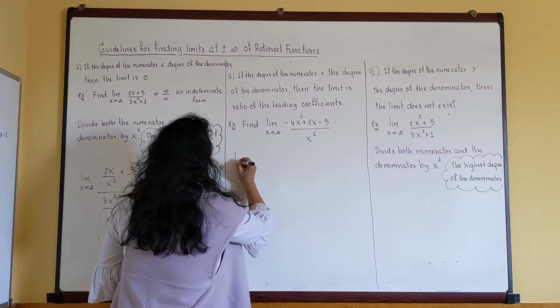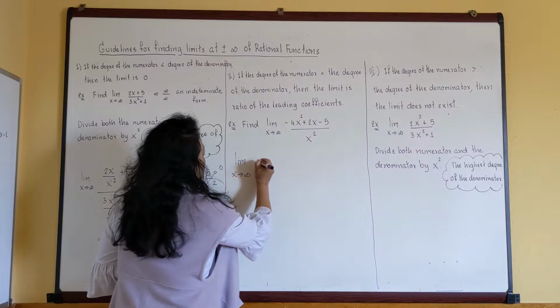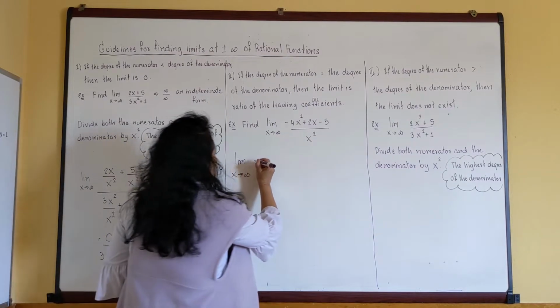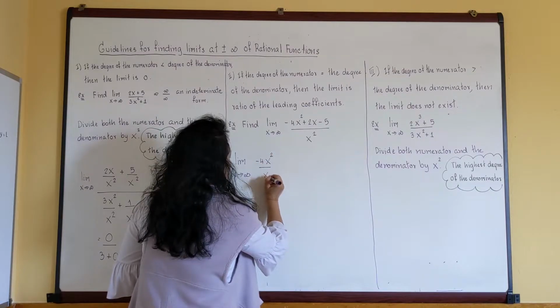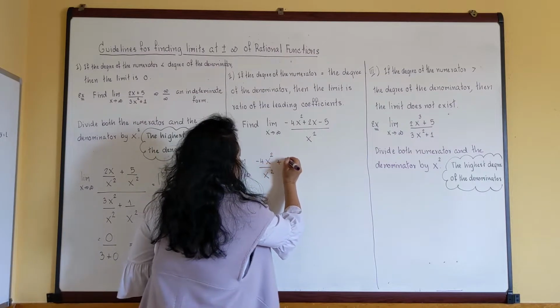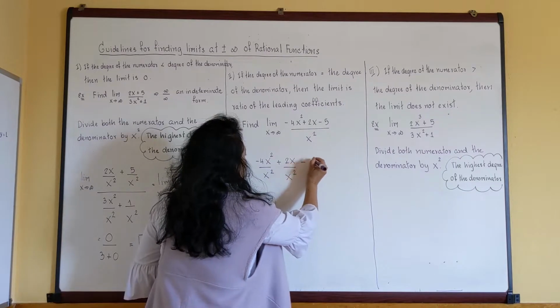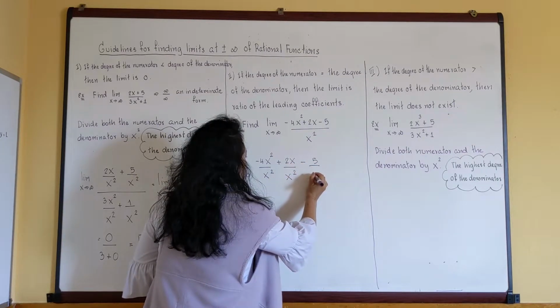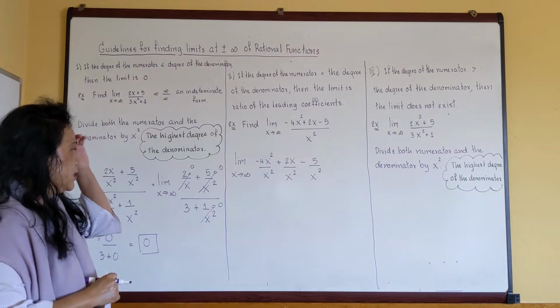So I'm going to have the limit as x goes to infinity. I'm going to rewrite this as negative 4x squared over x squared plus 2x over x squared minus 5 over x squared. Alright, this separates into 3 different terms.